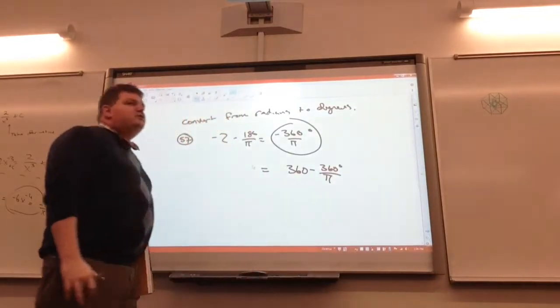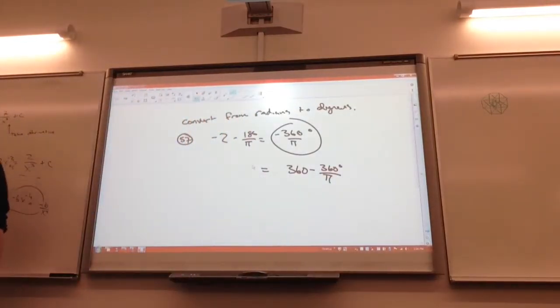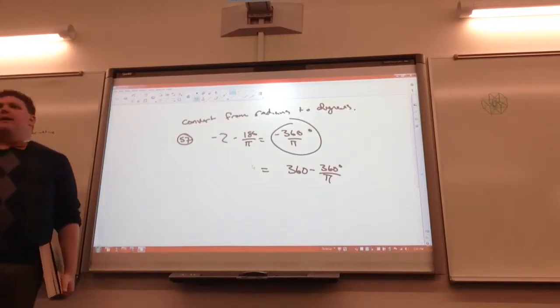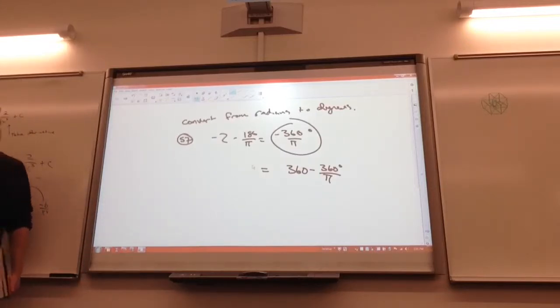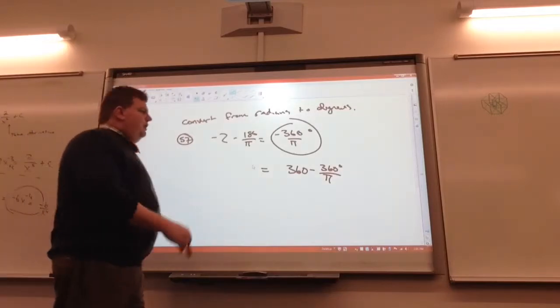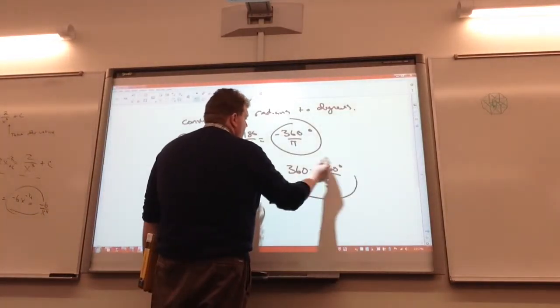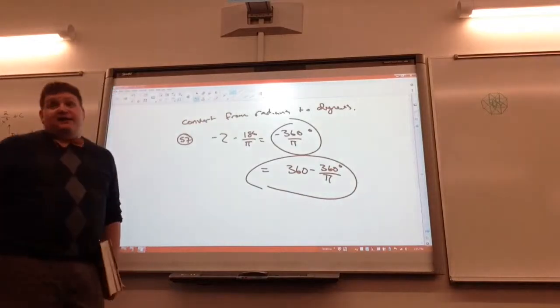And that's really all you could do. You can't really take that any further, again because of that pi. It's roughly equal to a little bit bigger than 240 degrees, maybe like 242, 243, somewhere around there. But again, we don't need to do anything else but this. So that would be how you would handle 57.